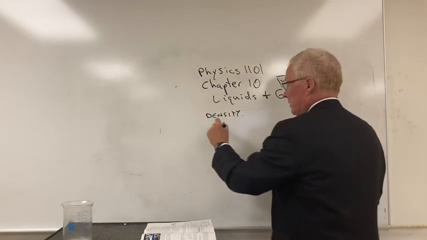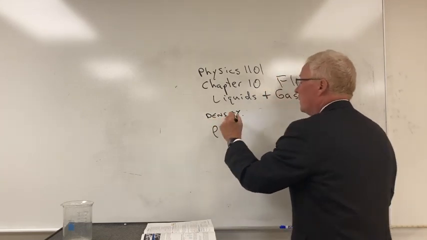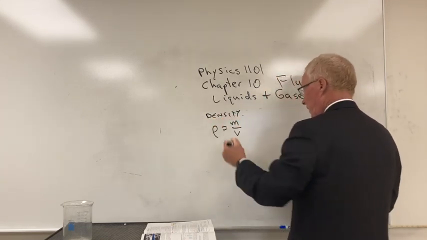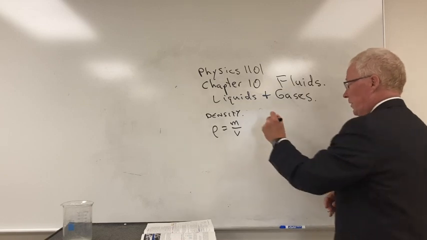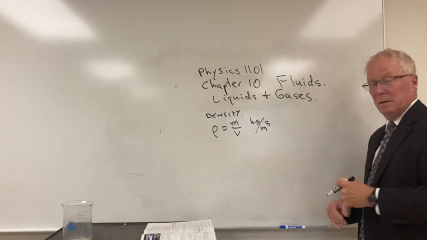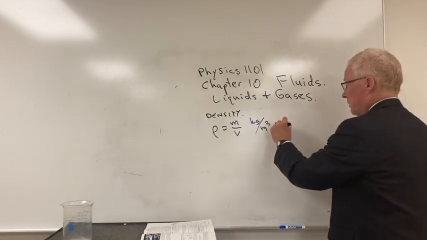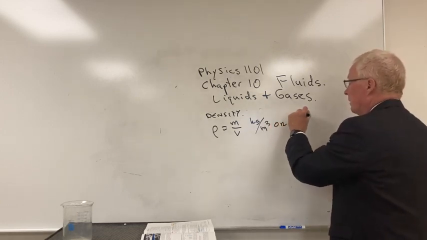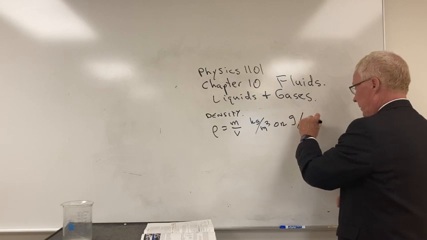All right, this is the Greek letter rho, and it's mass over volume. And this will either be in kilograms per cubic meter or grams per cubic centimeter. All right.